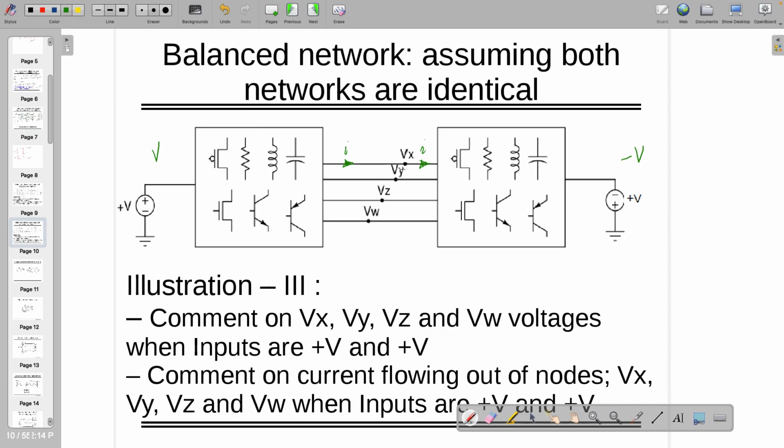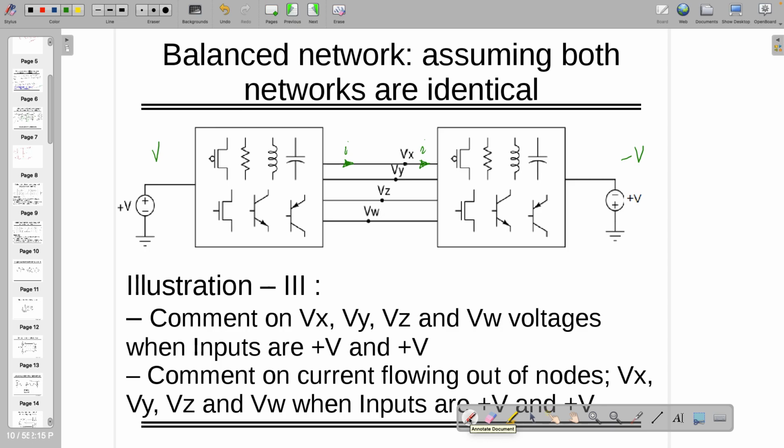So you can consider Vx, Vy, Vz, all these as virtual ground, because the current flowing through that one is going to the other side, right? This is similar to what we have studied for creating a zero, right? So this is true for all Vx, Vy, Vz and Vw if both the networks are identical.